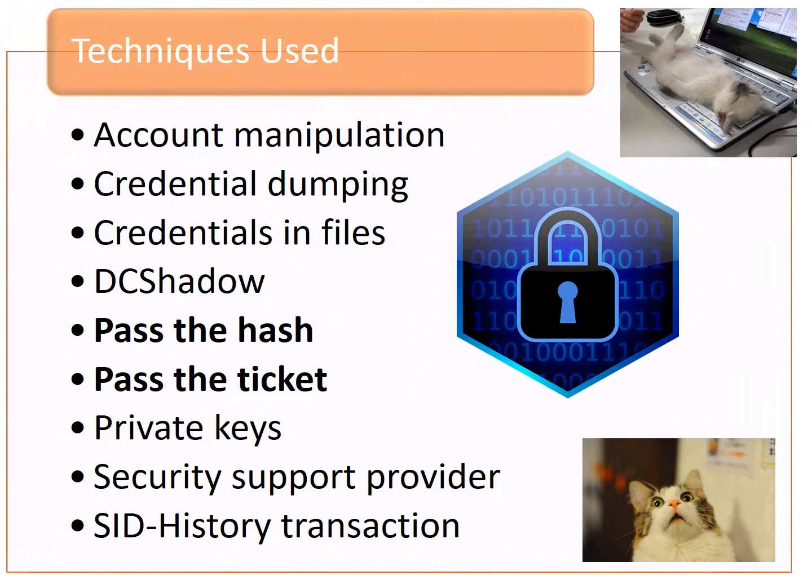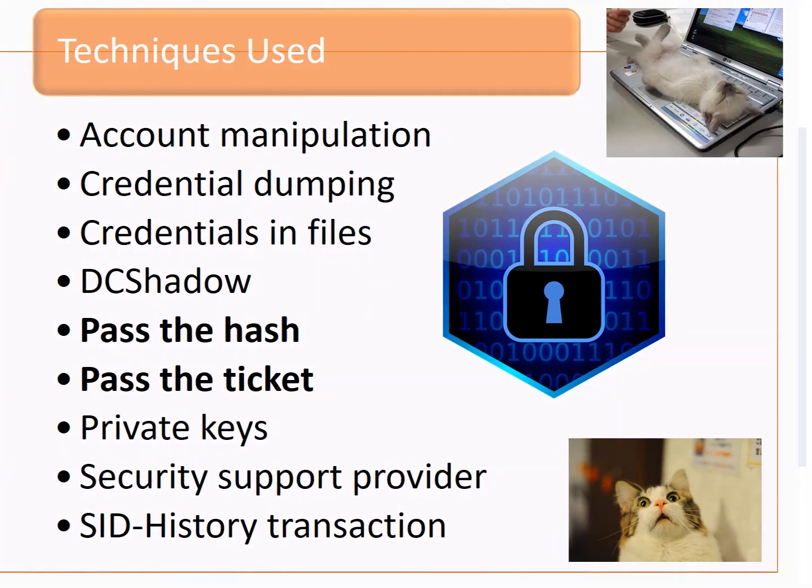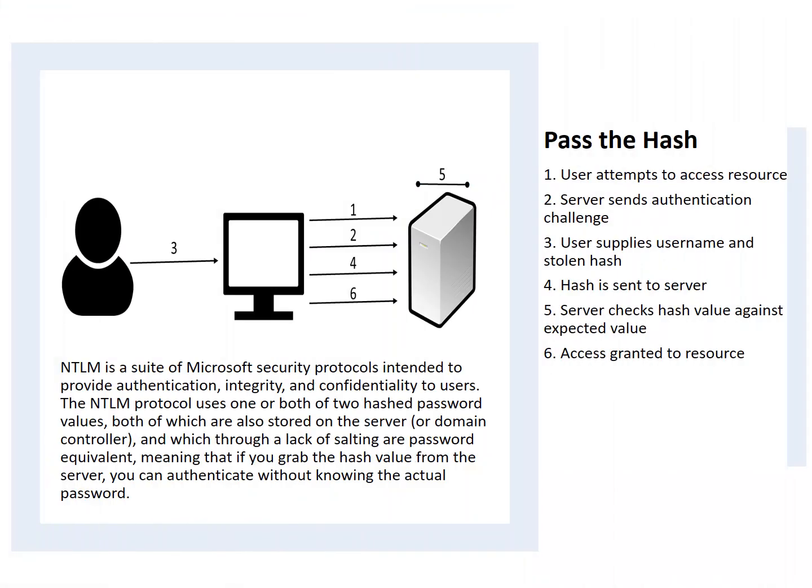Mimikatz provides many ways to steal credentials. We don't have time to discuss each of these in detail, so we'll focus on two in particular: pass the hash and pass the ticket. Pass the hash allows an attacker to authenticate to a remote server or service by using the NTLM hash of a user's password instead of requiring the associated plain text password.